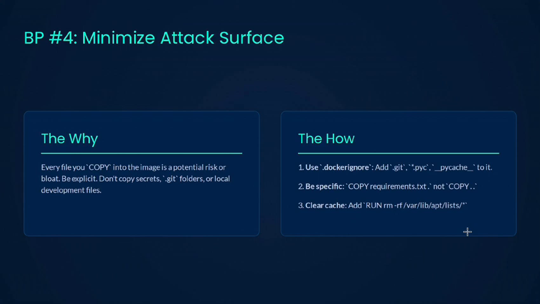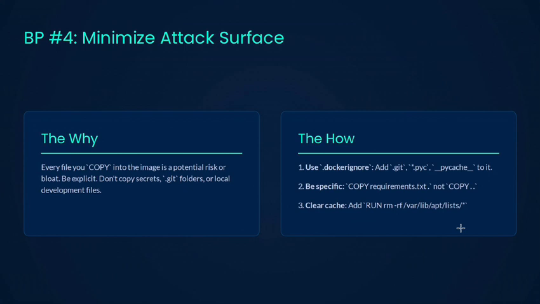Minimize attack surface. Every file you add to your image is a liability. You need to be explicit. First, create a .dockerignore file. Add your .git folder, your __pycache__ directories, your local secrets, your readme files.